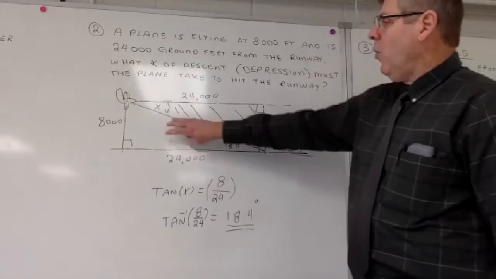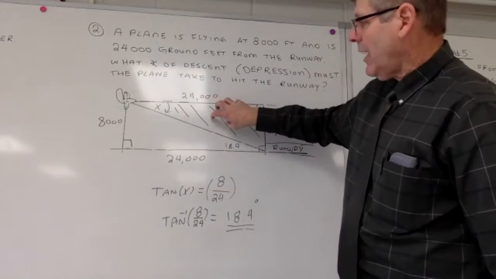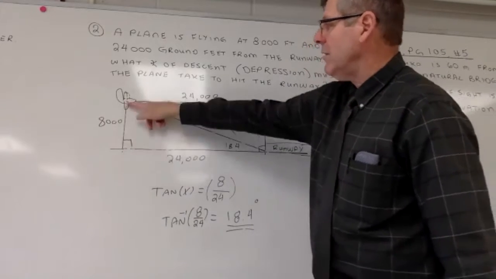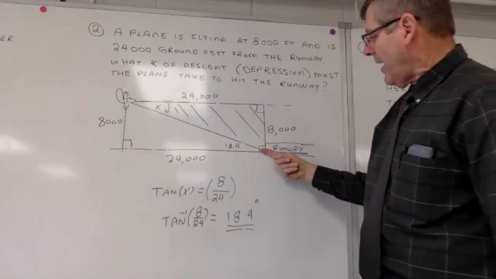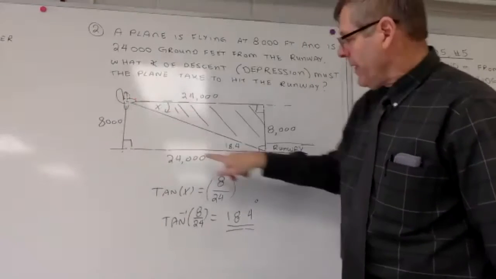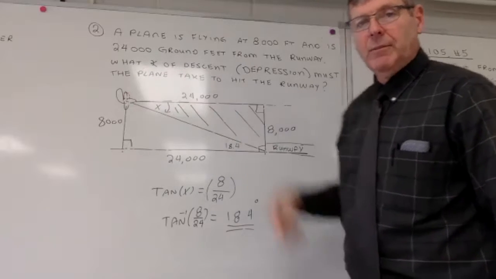So if this triangle makes more sense than the one up in the sky, because you know along the ground you're 24,000 and you're 8,000 high, if you find the angle of elevation from the runway up to the plane, that angle is going to be the same as the angle of descent if you're in the plane.